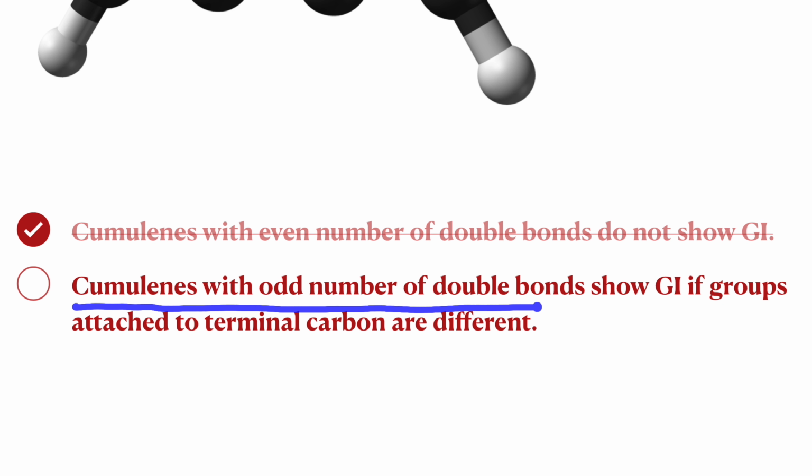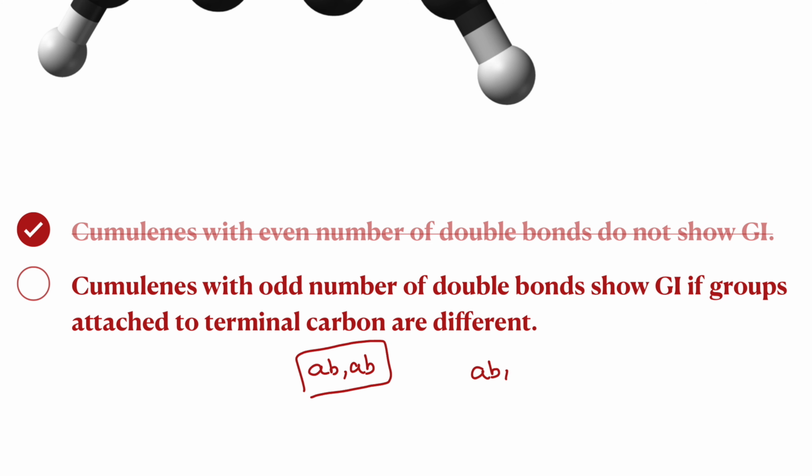But cumulenes with an odd number of double bonds show geometrical isomerism if the terminal carbons have AB type of structure, AD type of structure, or ABDE type of structure. That means the terminal carbon should be attached to two different groups. Normal alkene case, 100% the normal alkene case.